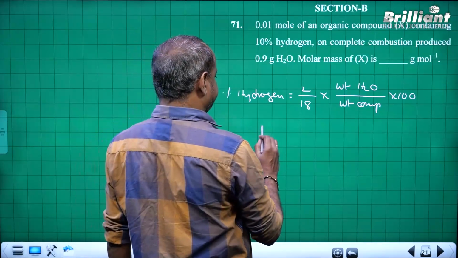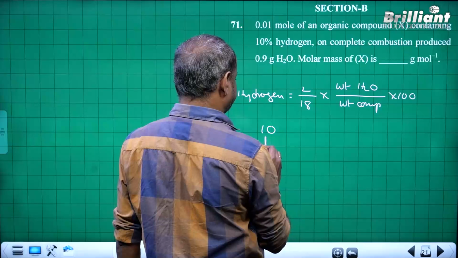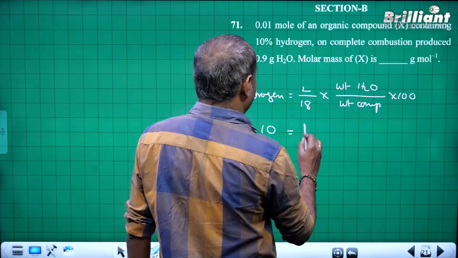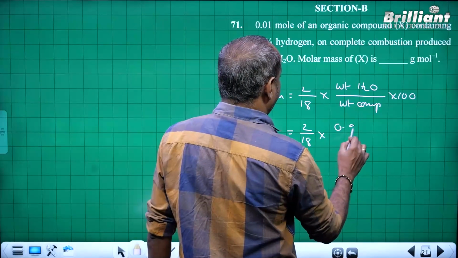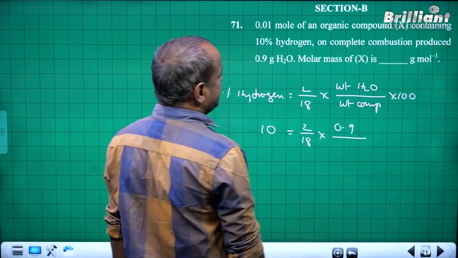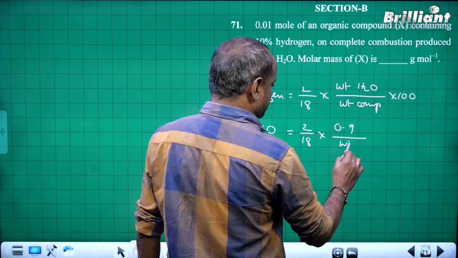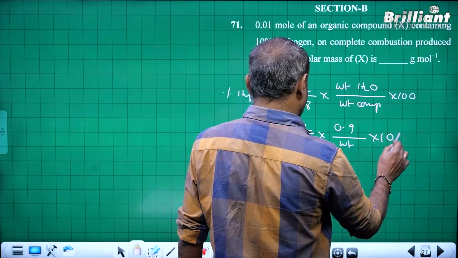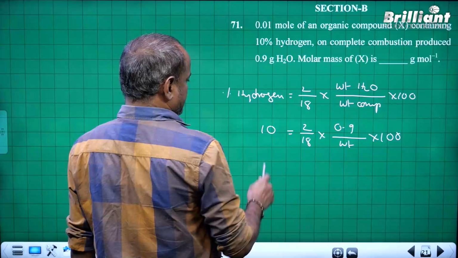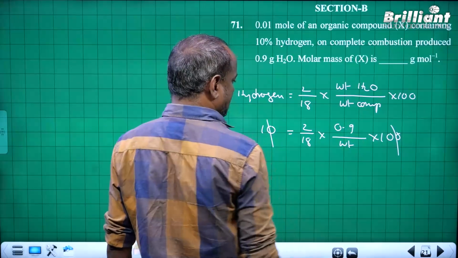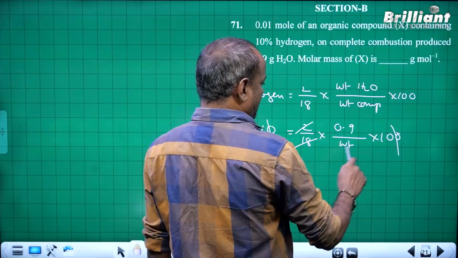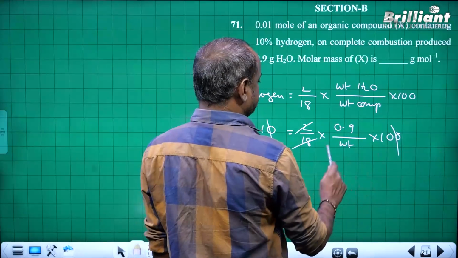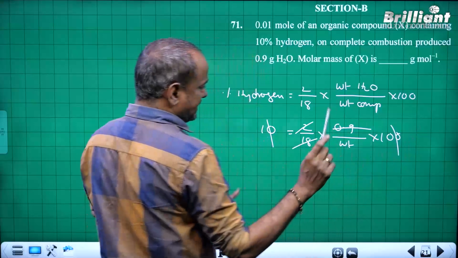So 2/18 into 0.9, mass of compound not given, find out, into 100. So, 10 cancels, 9 cancels, everything cancels. Mass equal to 1 gram.